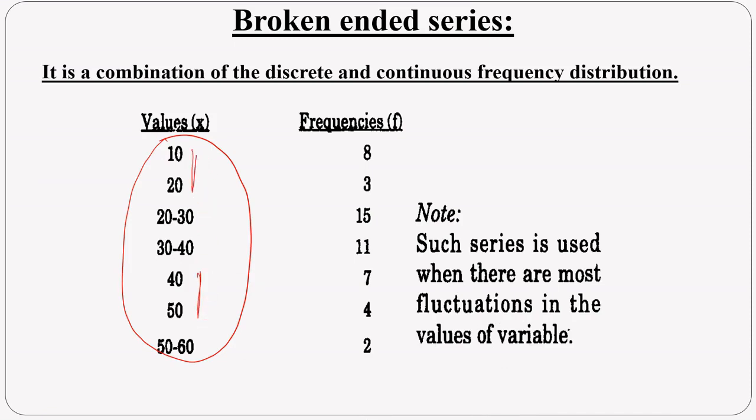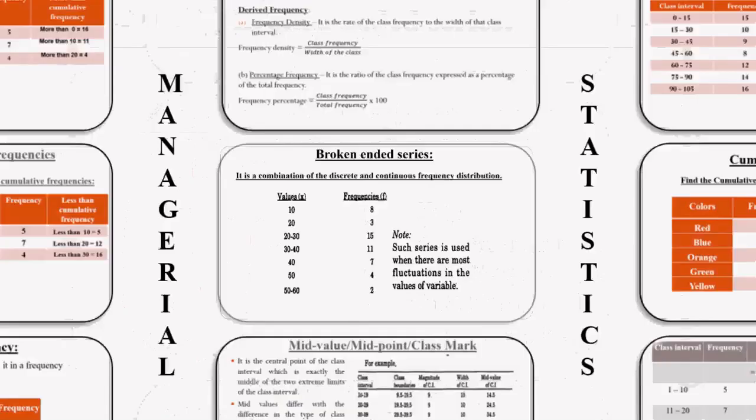When there is no continuity and the series is broken like this, it is an example to understand broken-ended series. So it is a combination of discrete and continuous. You can see this is the discrete and these are the continuous variables. So this is with regard to broken-ended series.